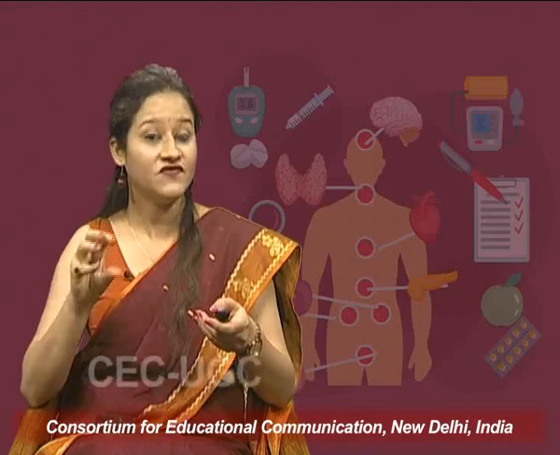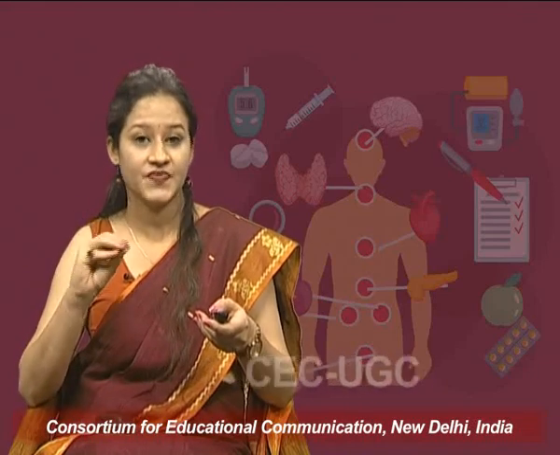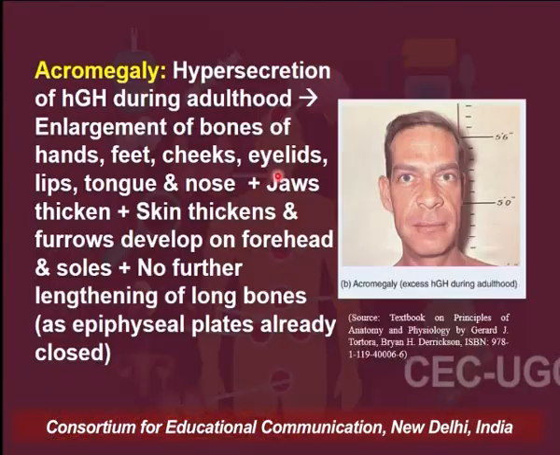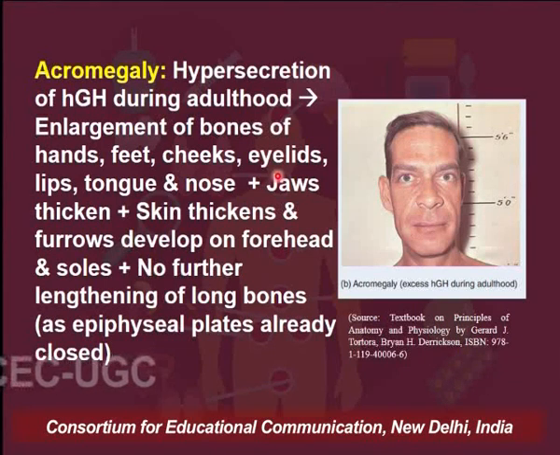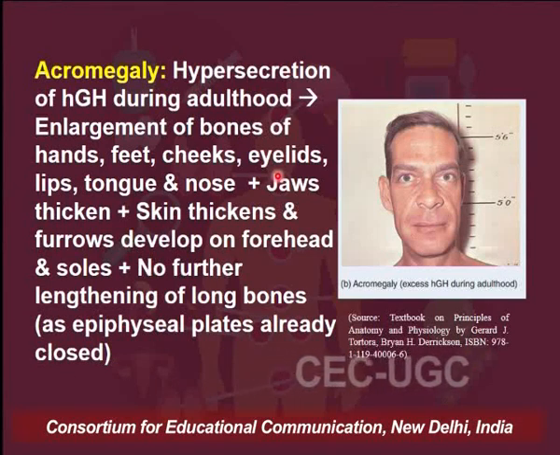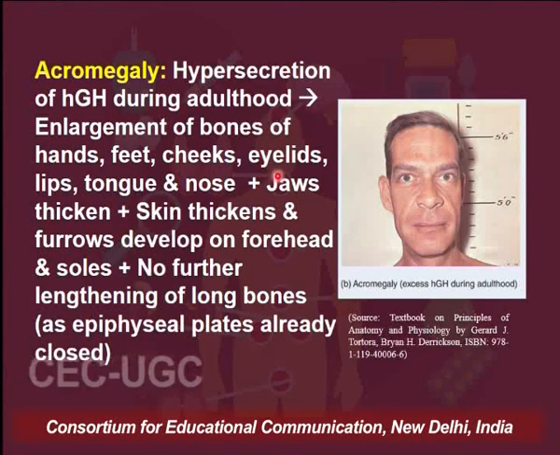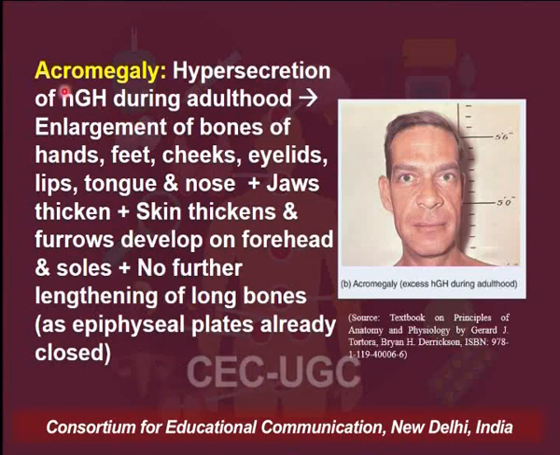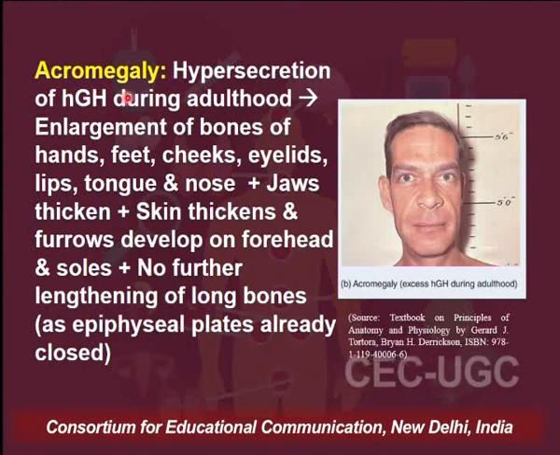Now, what will happen if this growth hormone starts to increase in much more amount during the adulthood stage? Once the childhood phase is over, what if there is any kind of tumor in the cells which are producing and releasing the growth hormone? In that situation, another condition arises which is called acromegaly.